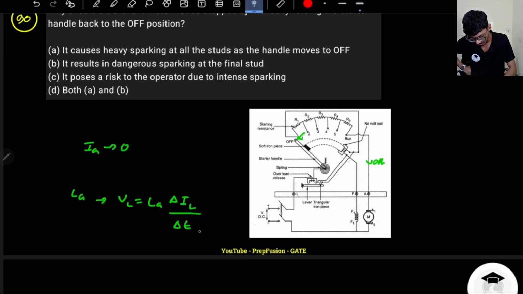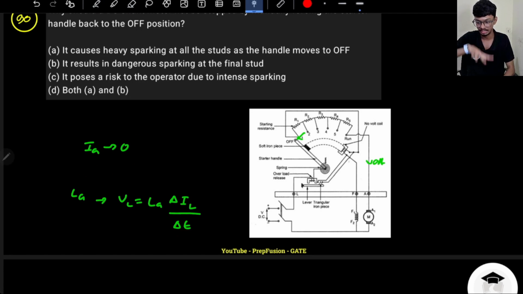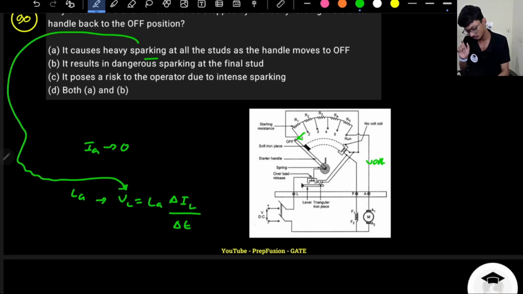In a very small amount of time, the current will suddenly go to 0. Of course, inductance does not like the current suddenly going to 0, so it will produce an opposing voltage. So due to this reactance voltage, there will be sparking at the studs. Okay, that's why we don't bring it to the off position.